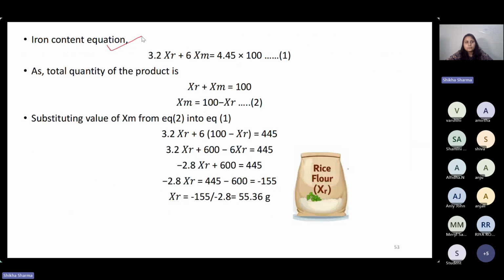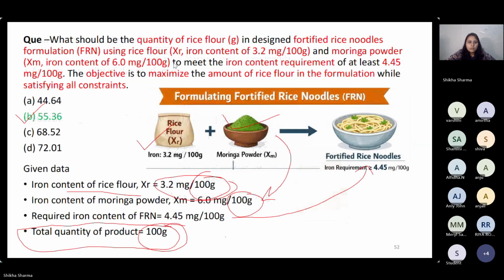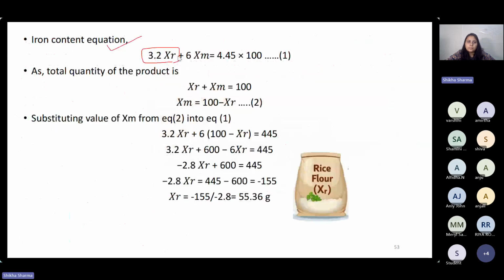So the iron content equation would now be 3.2 XR, where XR is for rice flour, which has 3.2 mg per 100 gram. So 3.2 into XR plus 6 into XM equals, when we are using 4.45 in the total rice noodle, 4.45 into the total quantity of the product, which is 100 grams.